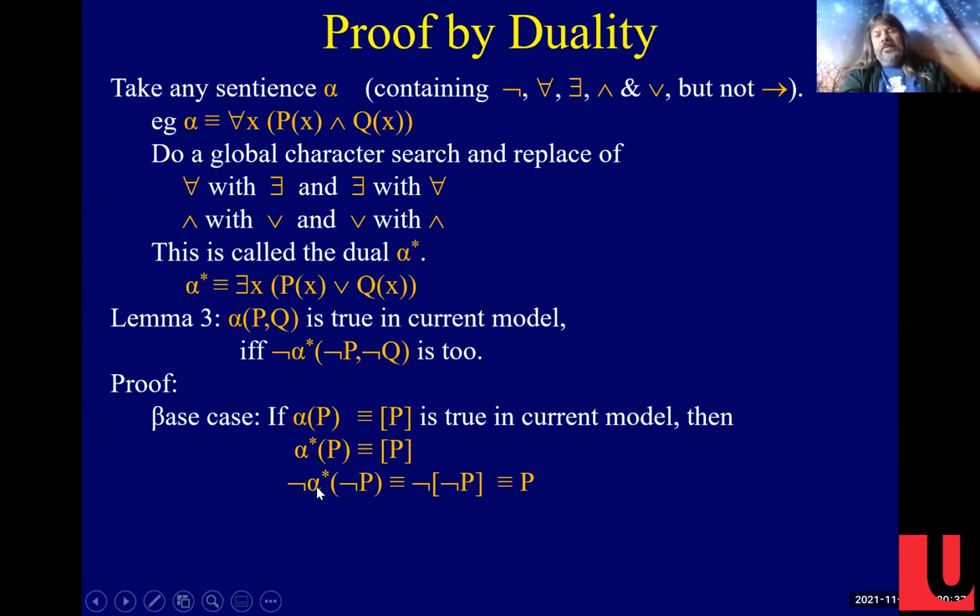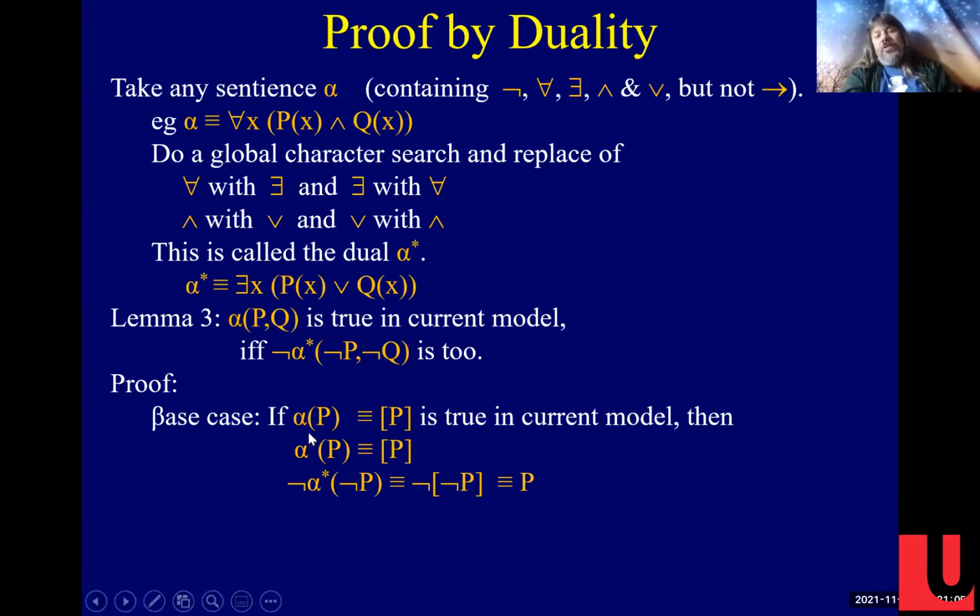And then what's this whole thing? Well, you're sticking in two negations, and the two negations cancel each other, and you just get p back. And so this thing is true because if p's true, p's true. Does that make sense?